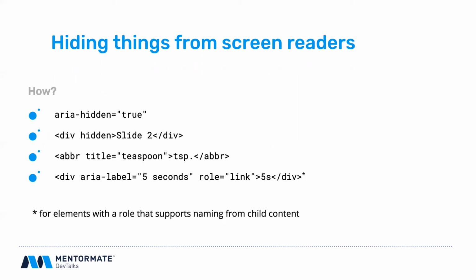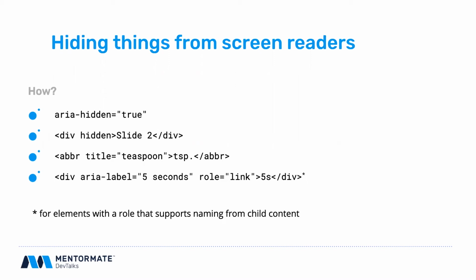And lastly, we have the aforementioned ARIA label, but there's also an asterisk to that. A common mistake I see from fellow developers is slapping an ARIA label on an element and hoping that the inner content wouldn't be read. And in this case, it's really simple.